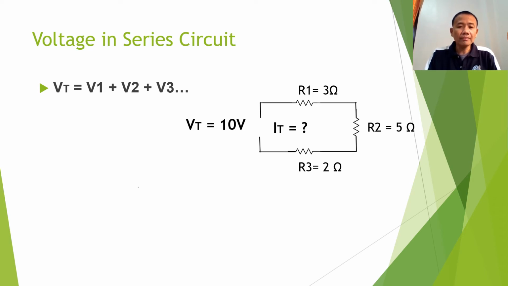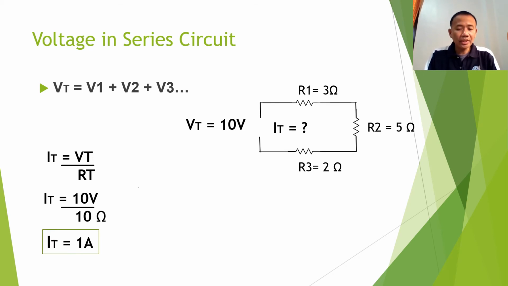So we use the formula IT is equivalent to Vt over RT, the same as the formula we use in Ohm's law, that I is equivalent to V over R. Since we are computing for the total current, we need to use the total voltage and the total resistance inside the circuit to solve for it. So our formula will be IT is equivalent to VT over RT. We substitute 10 volts over 10 ohms and it gives us a total current of 1 ampere.